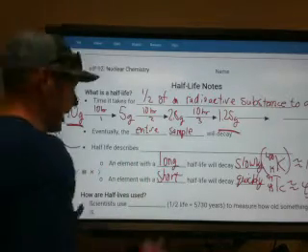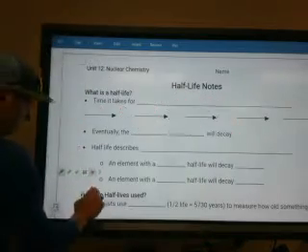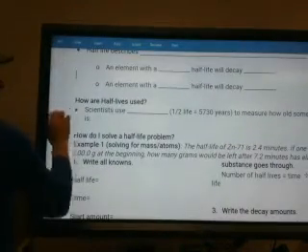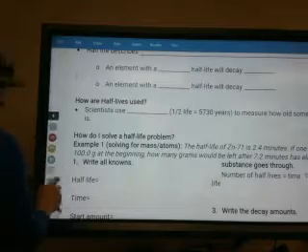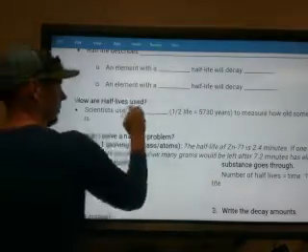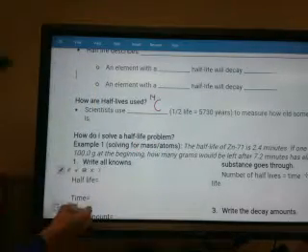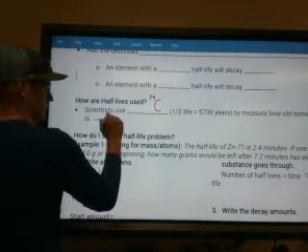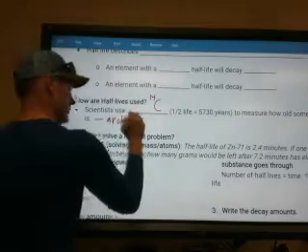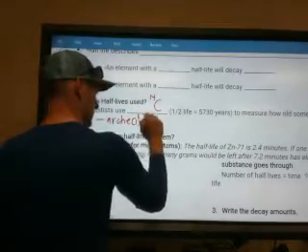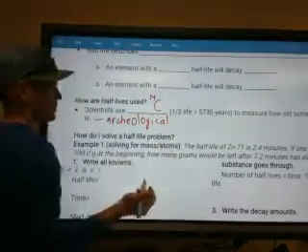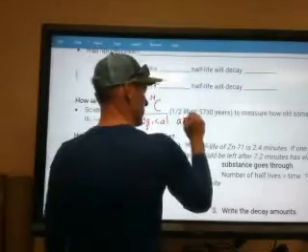So how are half-lives used? Here's another example of one that you may have heard of before. Scientists can use carbon-14 to measure how old something is, such as some sort of archaeological artifact.